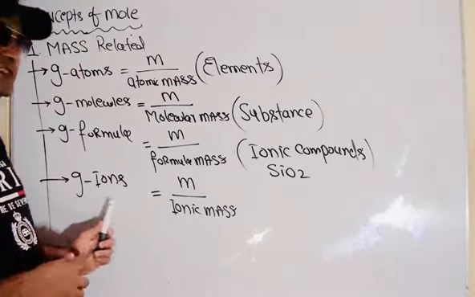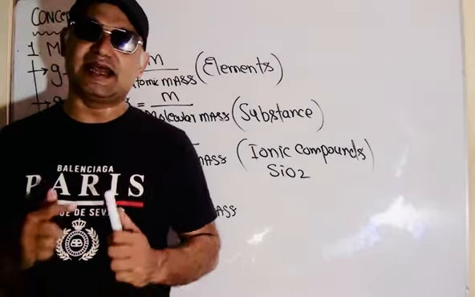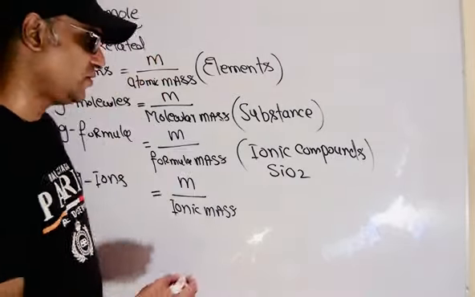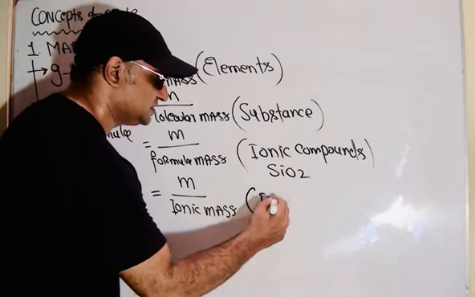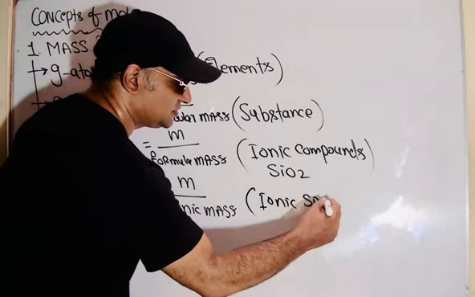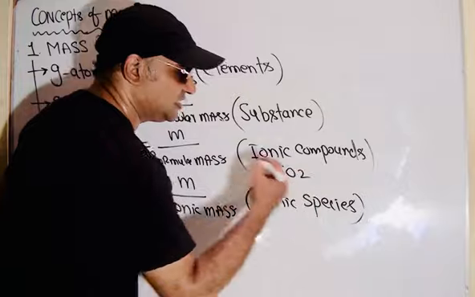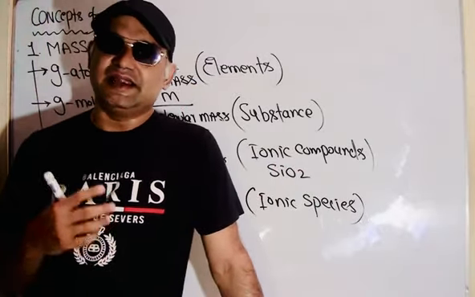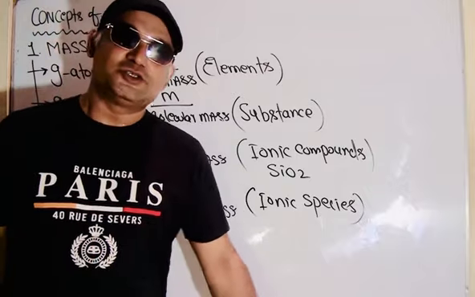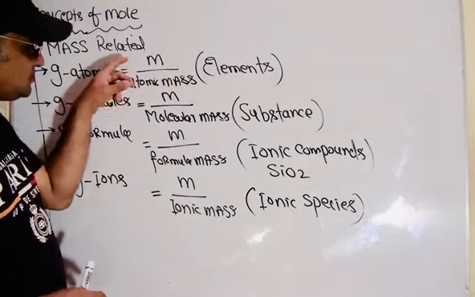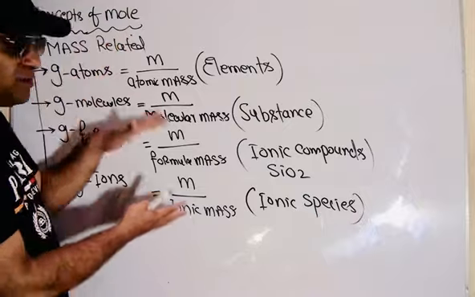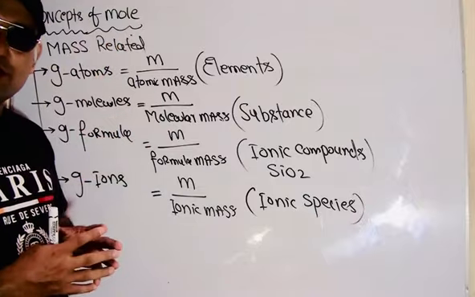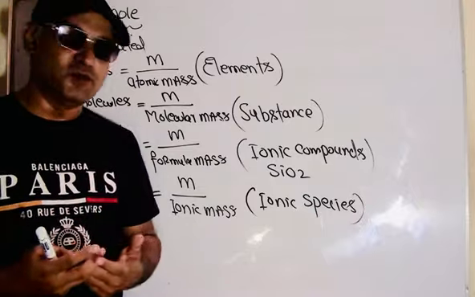And gram ions mole is applicable for ionic species, like hydrogen ions, sodium ions, sulfate ions and nitrate ions. So as you have seen, there is a common point in all four concepts of mole.